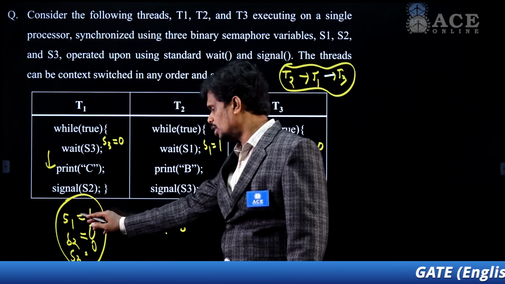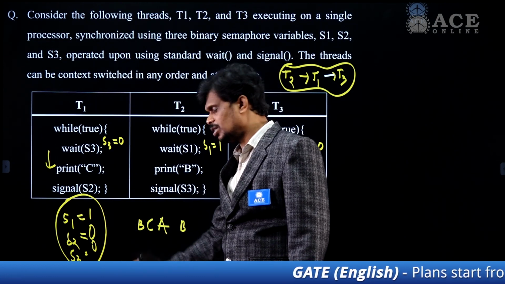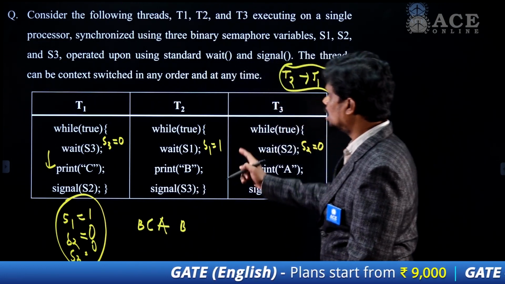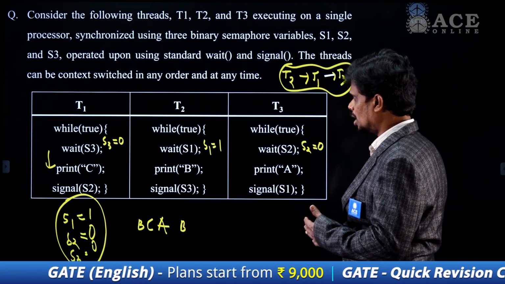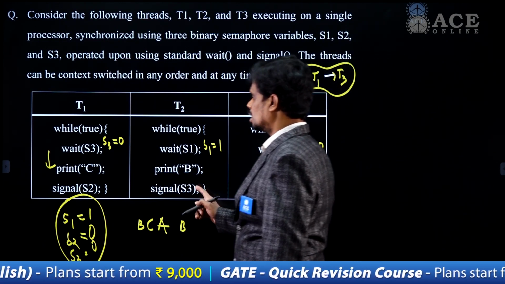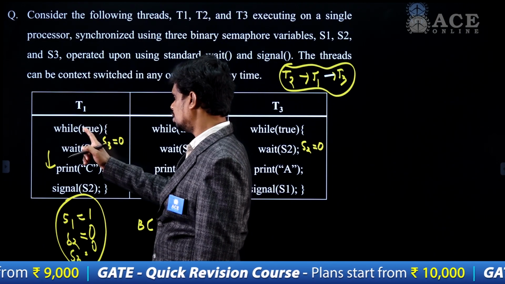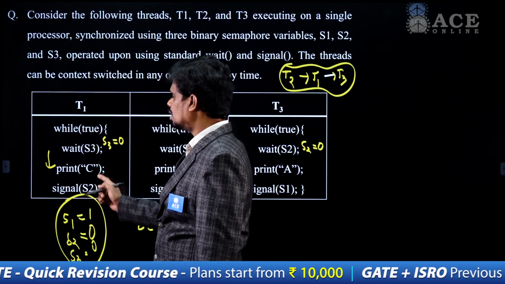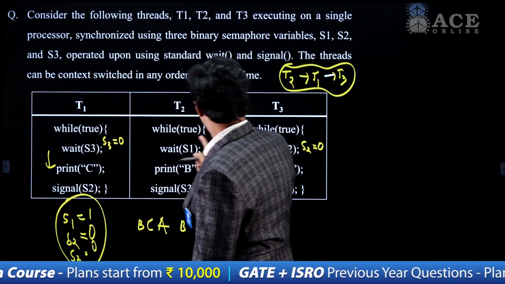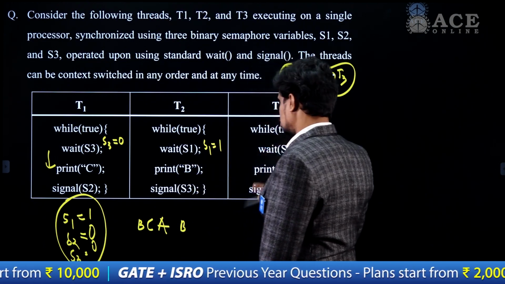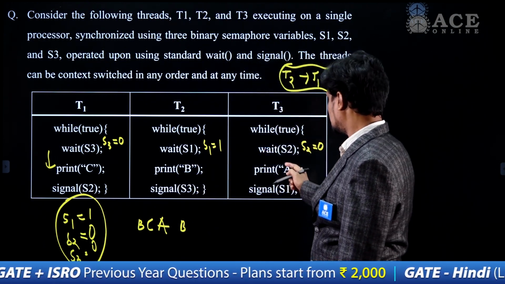With this combination only, T2 can print B first, then T2 can give a chance to T1 to print C, then T1 can give a chance to T3 to print A.